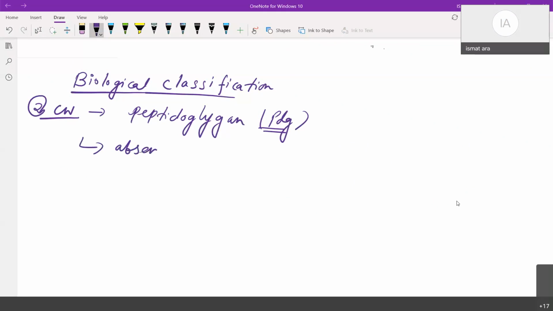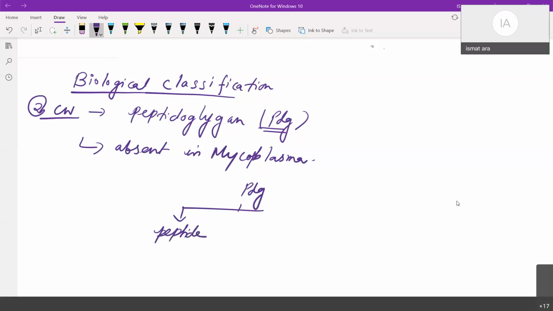Cell wall is absent only in the cell wall-less bacteria, mycoplasma. Peptido means amino acid, and glycan means sugar.